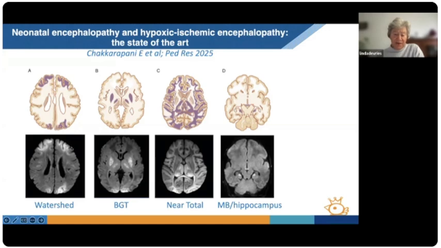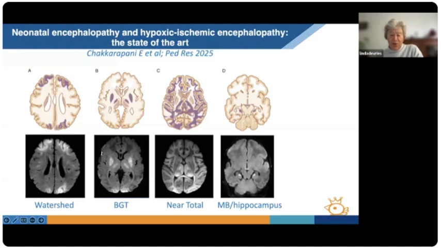And we see here the border zones, so in between the main arteries, between the anterior and the middle, and between the posterior and the middle, we see these areas of diffusion restriction showing up as bright areas involving mostly the cortex and also a little bit of the underlying white matter. And that's what we call watershed type of injury.